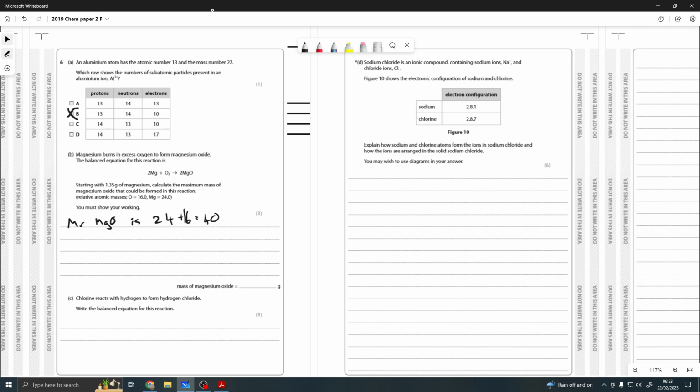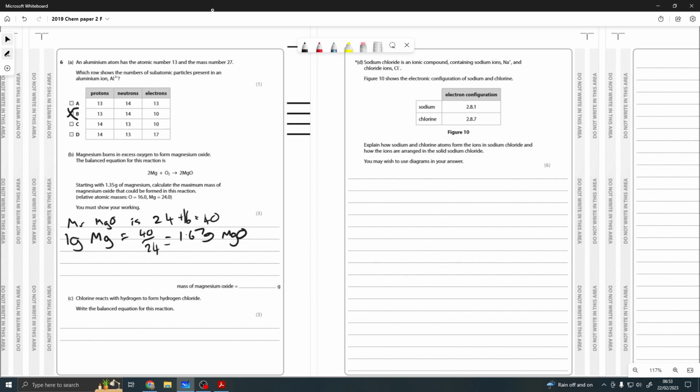Okay, so that means that 1 gram of magnesium will make 40 over 24 MgO, which equals, based on my calculator here, 1.67 g of MgO. So 1 gram makes 1.67.